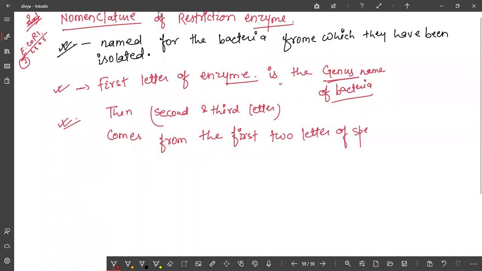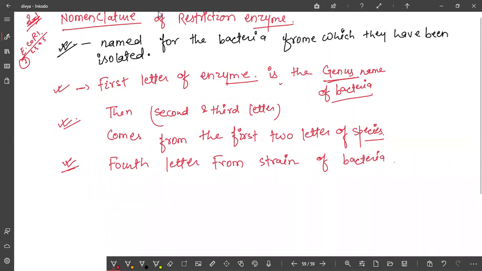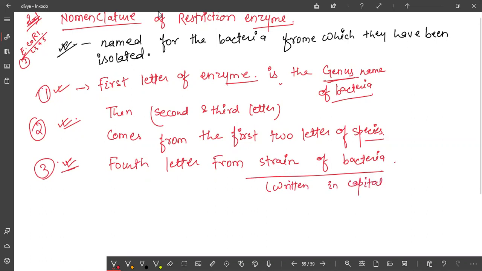And the fourth letter comes from the strain of bacteria, and usually this is written in capital letter. After the fourth, the fifth is R1.